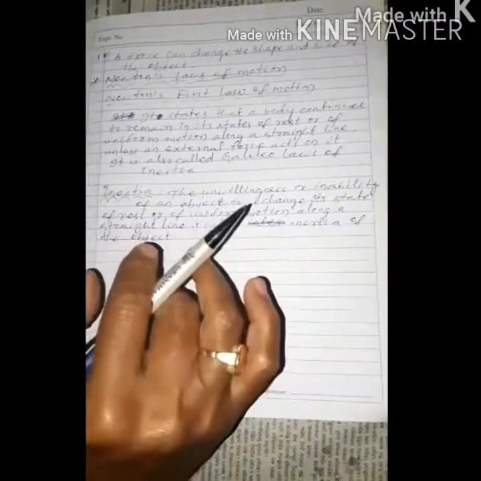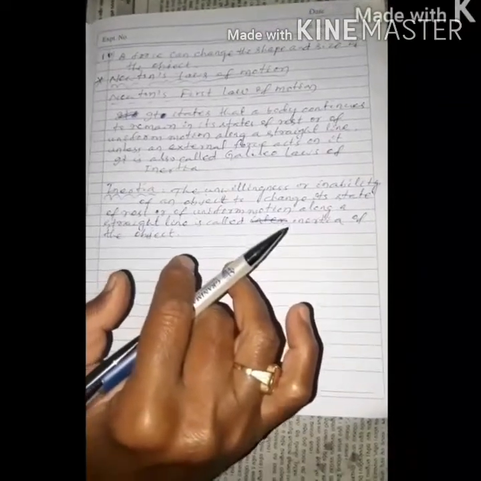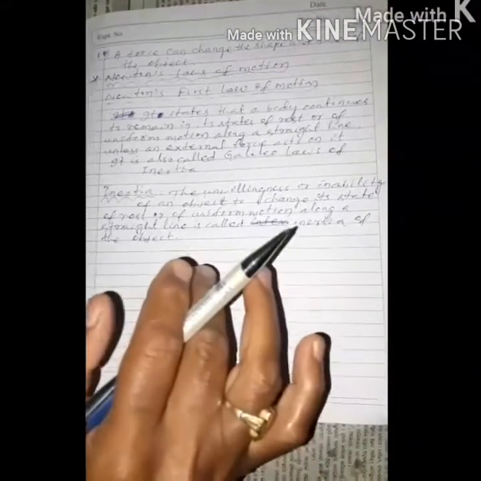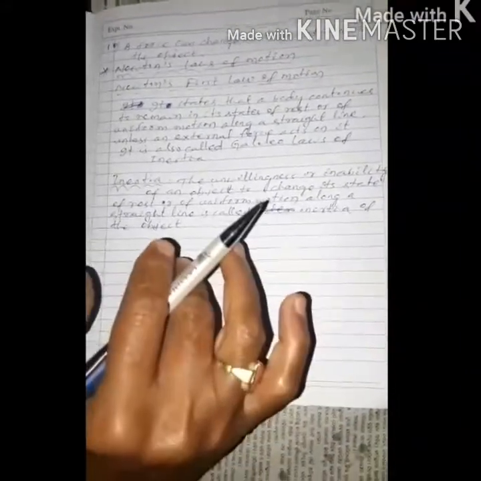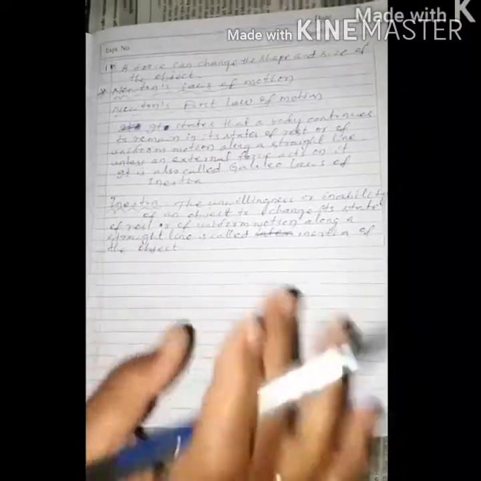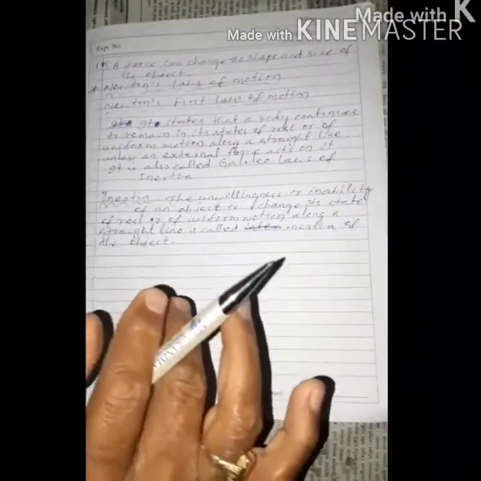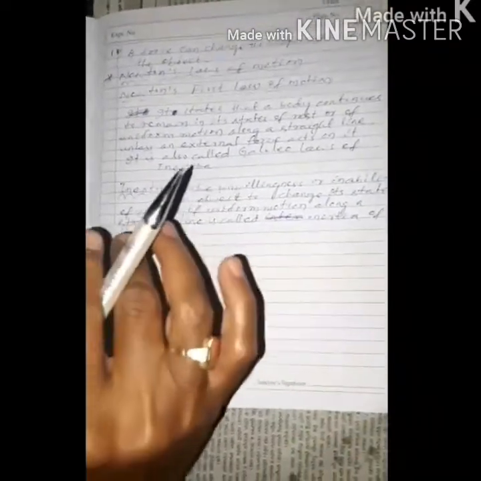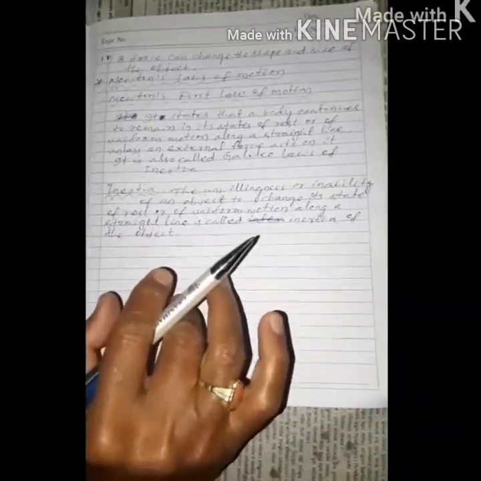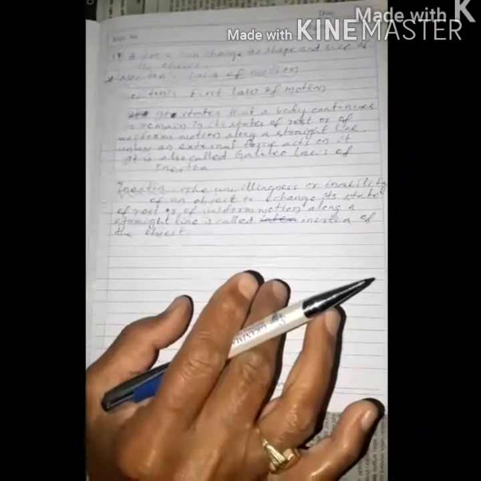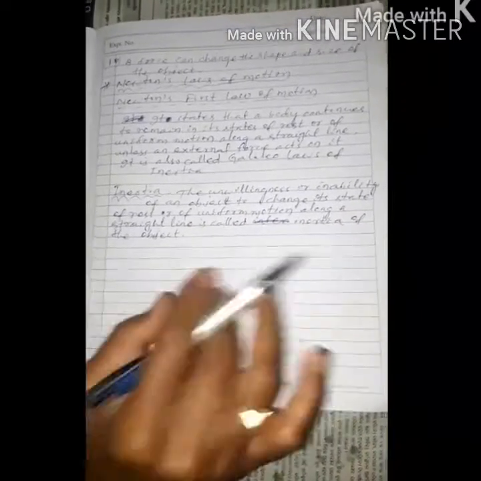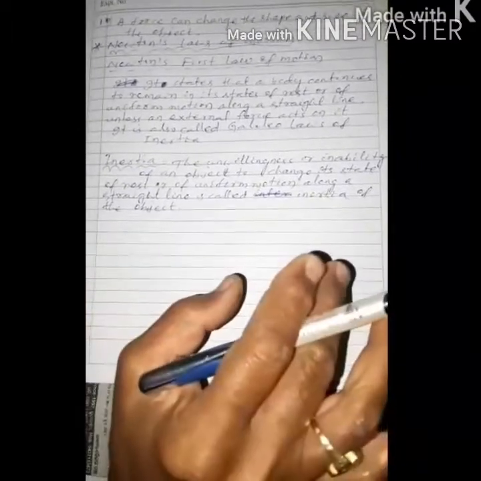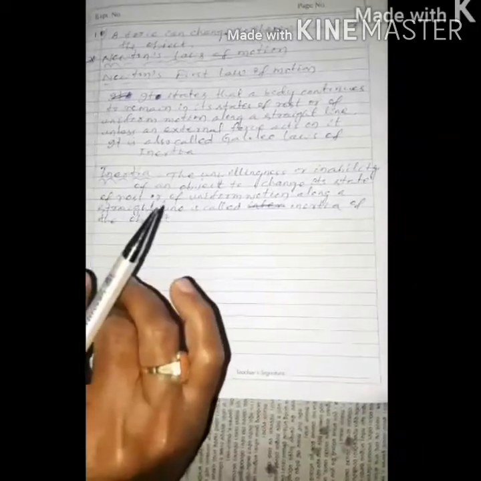Similarly, a wooden block on the ground is at rest. It has the tendency to remain at rest, but it has unwillingness or inability to move. It cannot move unless an external force is applied on it. So this is called inertia.